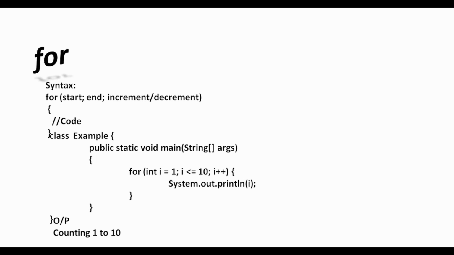After that 10 becomes 11, the loop becomes false, and it will not print further values. So it has already printed the counting 1 to 10 in our output. That's how we use loops, and let's see it clearly in code now for better understanding.